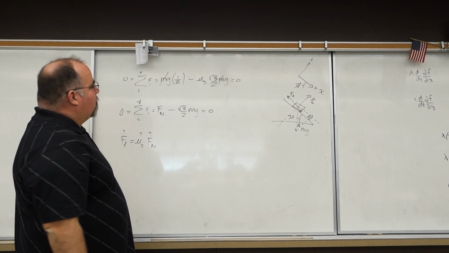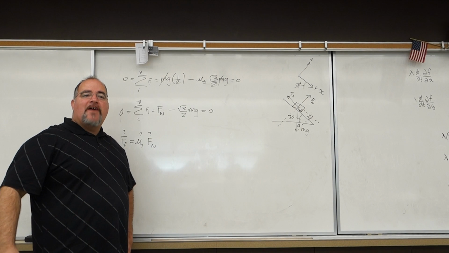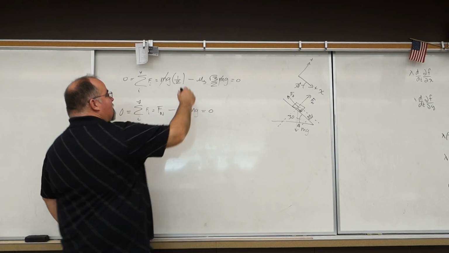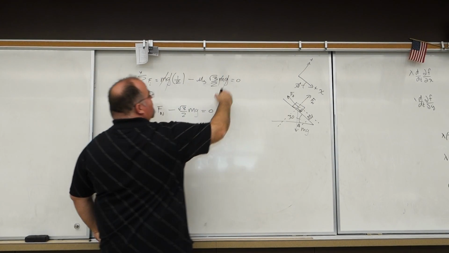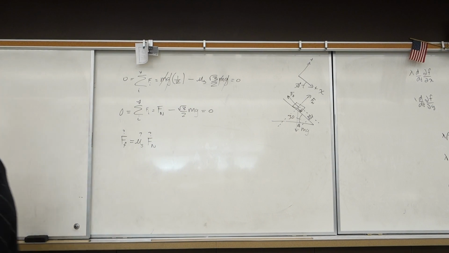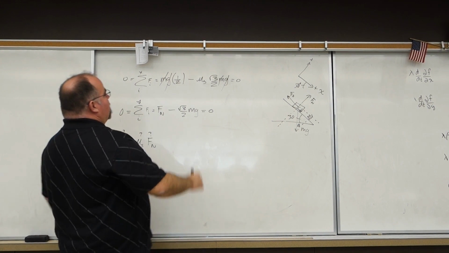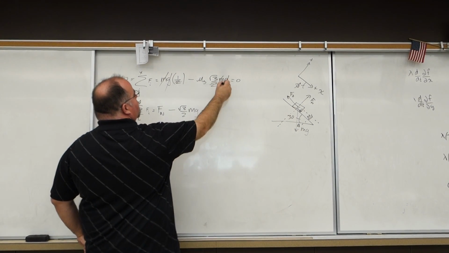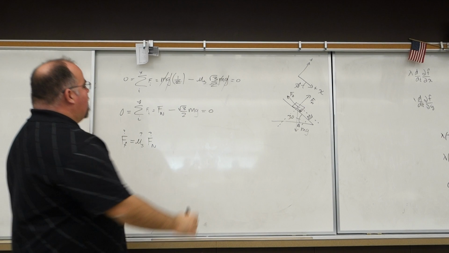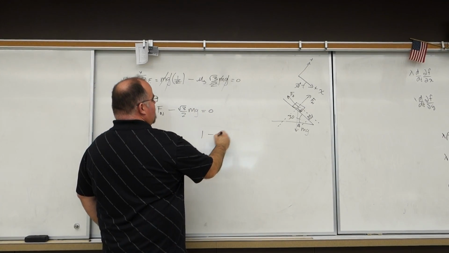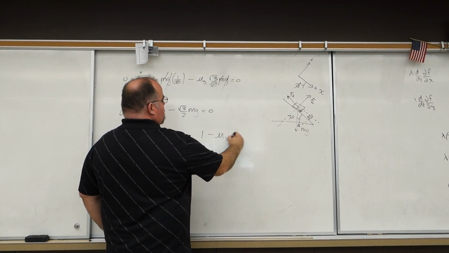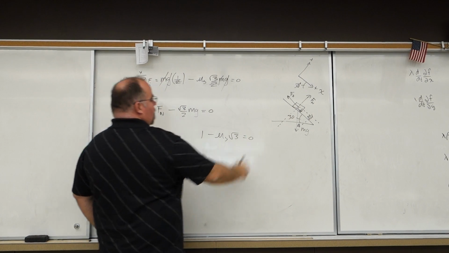We can divide by gravity. It doesn't depend on gravity. You're right. And that's surprising, isn't it? Could you multiply by 2 as well? Yes, we can get rid of 2. So now we have 1 minus mu sub s root 3 equals 0.